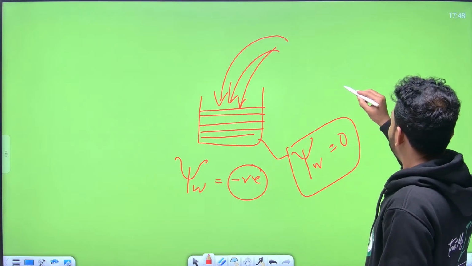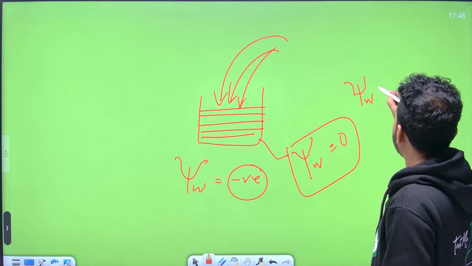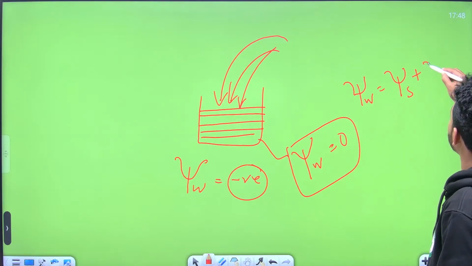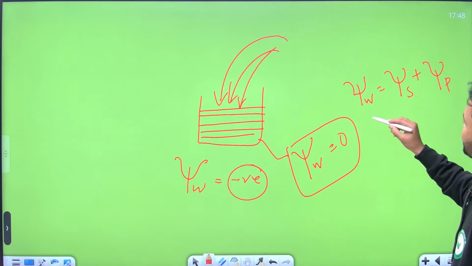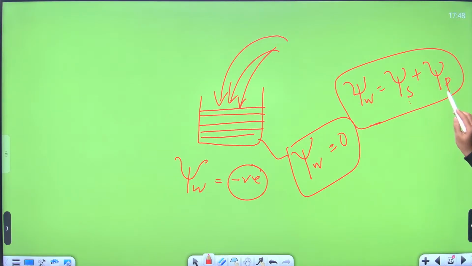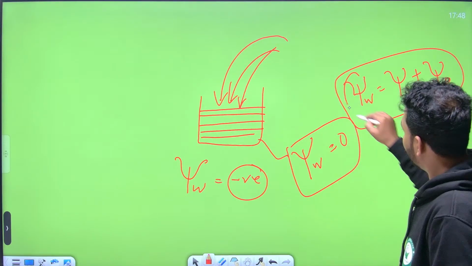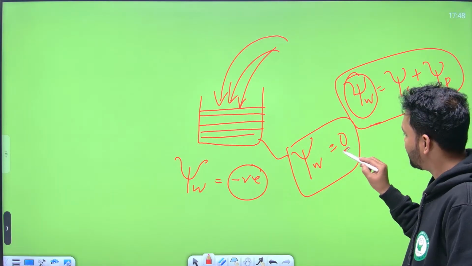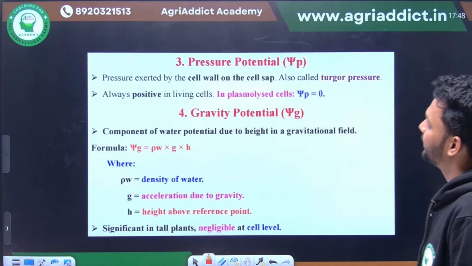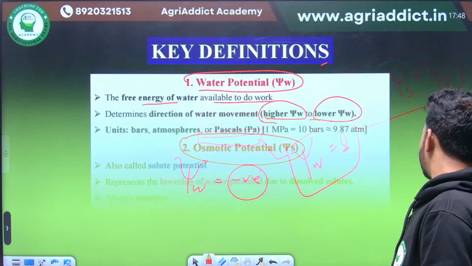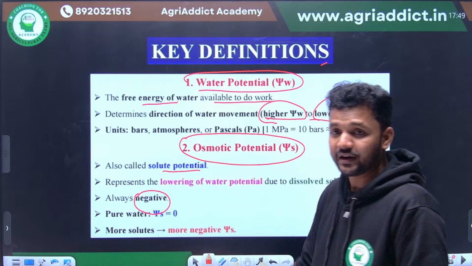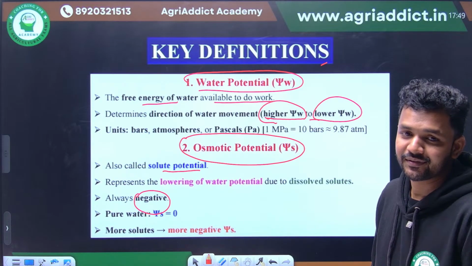Water potential is equal to solute potential plus pressure potential. Among these, one will be negative and the other positive. Water potential is maximum 0 and then negative only. Solute potential is always negative. Why?